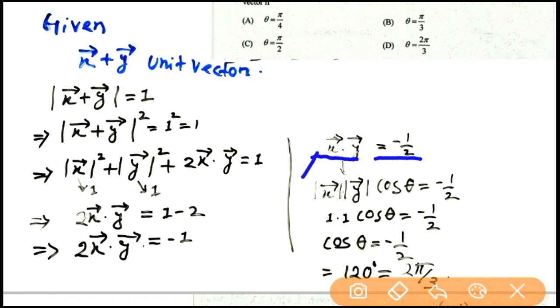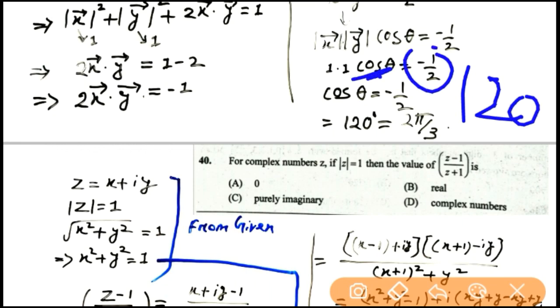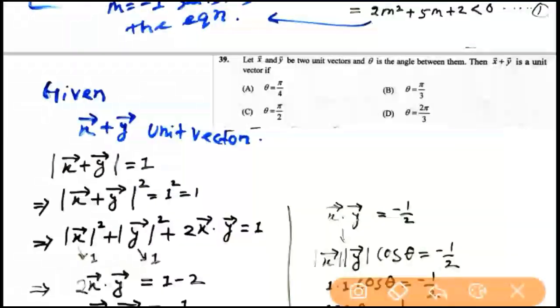The dot product equals modulus of x, modulus of y, cos theta, equal to minus half. Since these are unit vectors, 1 and 1, cos theta equals minus 1 by 2. If theta equals 120 degrees, then cos theta equals minus half. So theta equals 120 degrees or 2π by 3.